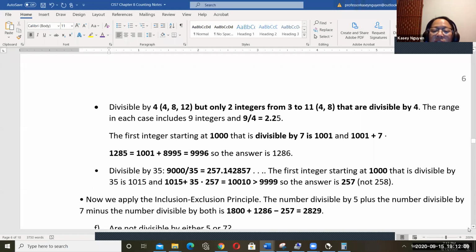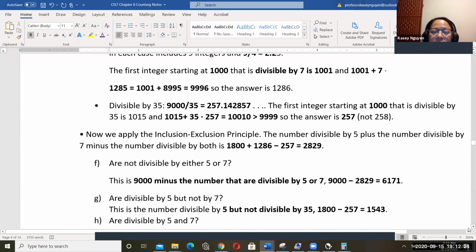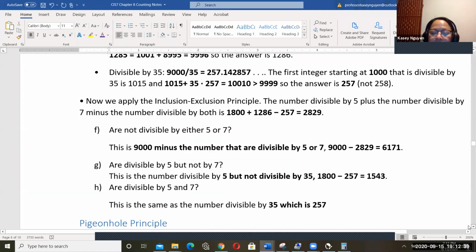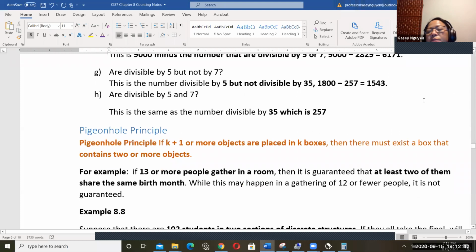So we have to take a look at the criteria that they're asking for and be able to determine what to include or exclude from that population. Any question regarding inclusion-exclusion principle?